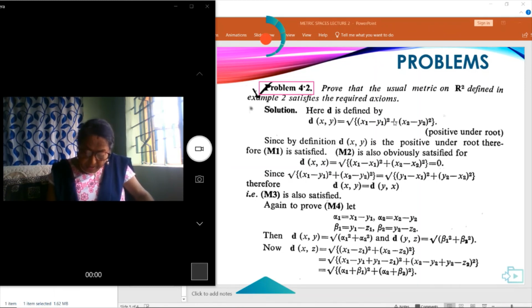Hence, M4 is also satisfied. Now, M5 is also obviously satisfied. Hence, d is a metric.